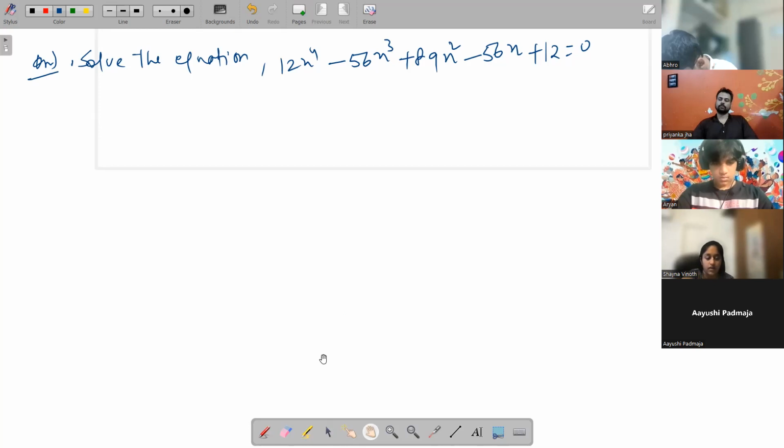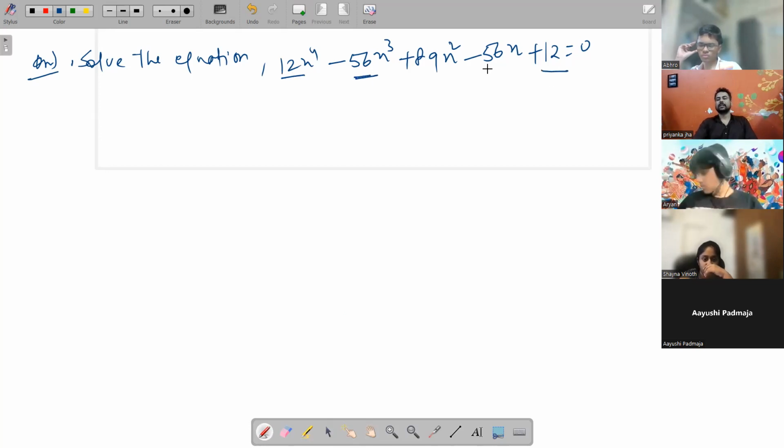So how do you factorize an equation to the power 4? See, in this equation, you have to recognize the term which will give you some kind of pattern. You can see that here 12, here 12, here 56, here 56.